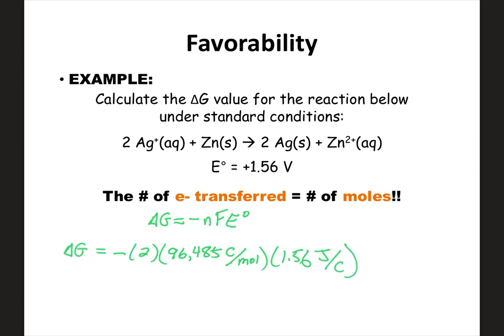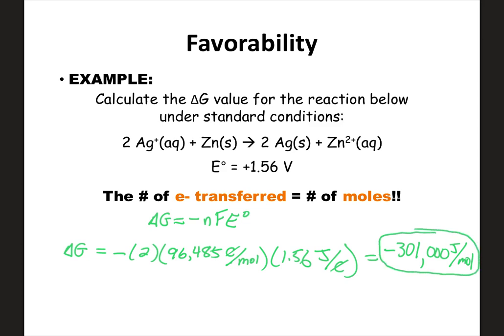You need to know that. A volt is the same thing as joules per coulomb. So when you do your math, notice the coulombs would cancel, and your units are going to be joules per mole. So when you plug and chug this, you should get negative 301,000 joules per mole with correct sig figs.